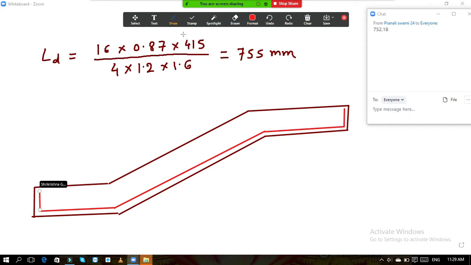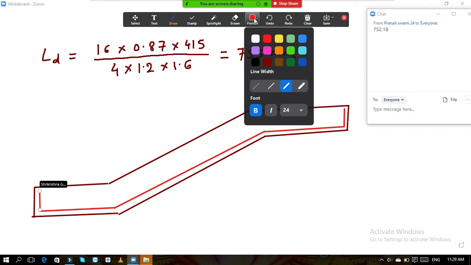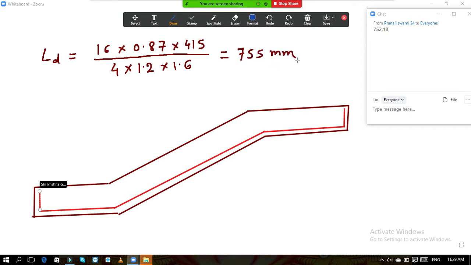Now for the distribution steel, now we will provide the anchor bars. Those bars also we need to provide. So I will draw that bar also. It will be like this.